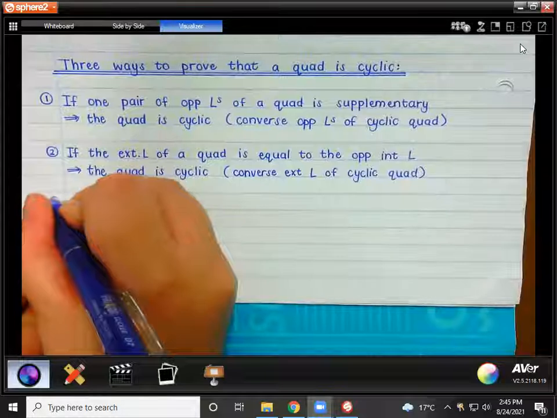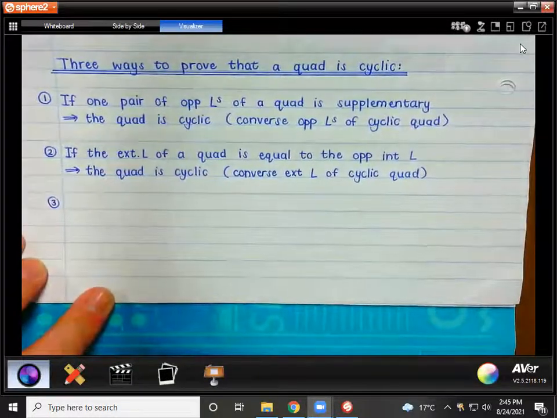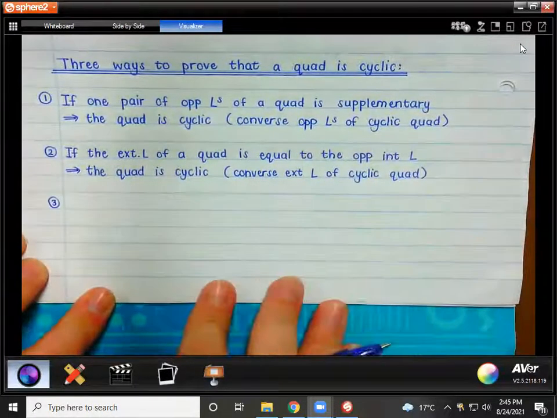Okay, so we've practiced both of these ones already, 1 and 2, and we have the reasons there.